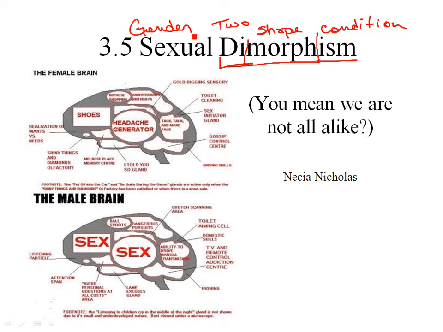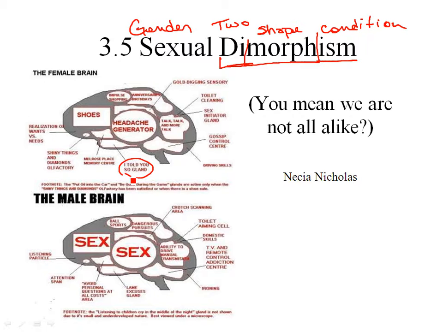I tried to find something cute to put on here, and I found this little diagram of differences in the male and female brain. You can look at this all you want, but there's a couple of things I thought were pretty interesting. The I told you so gland on the female, quite large.